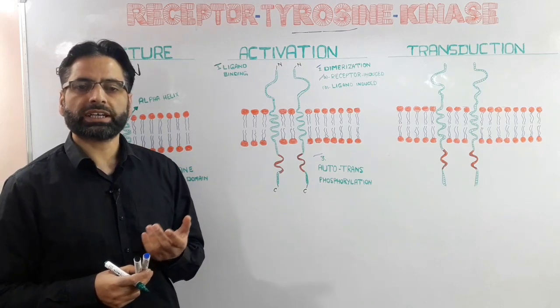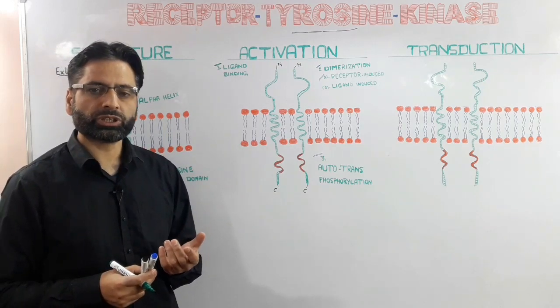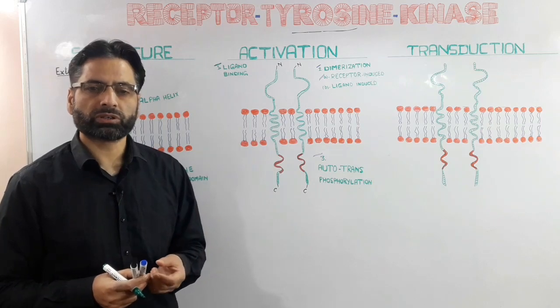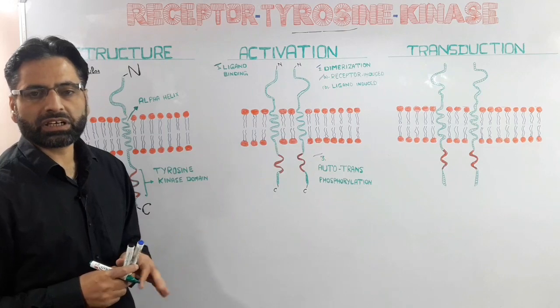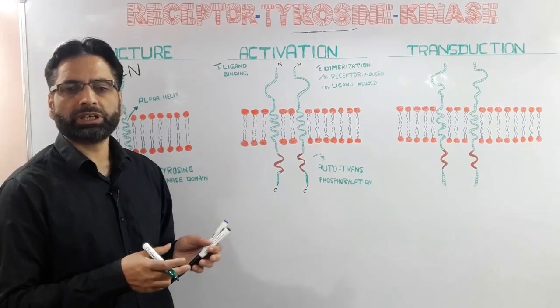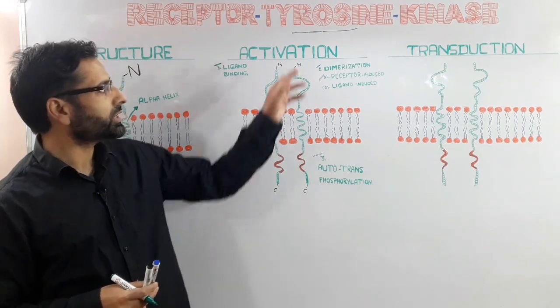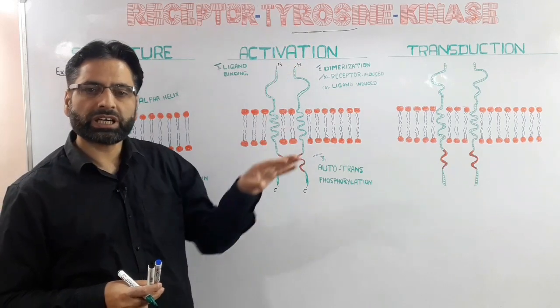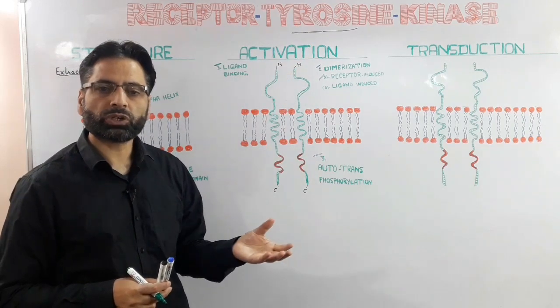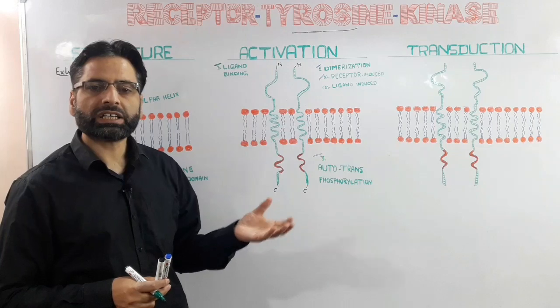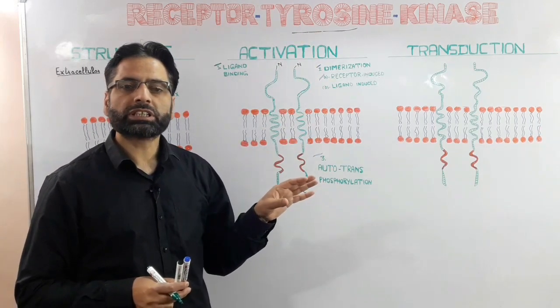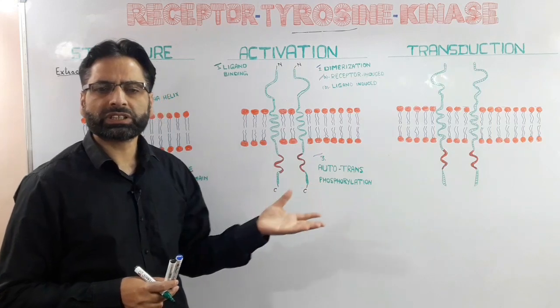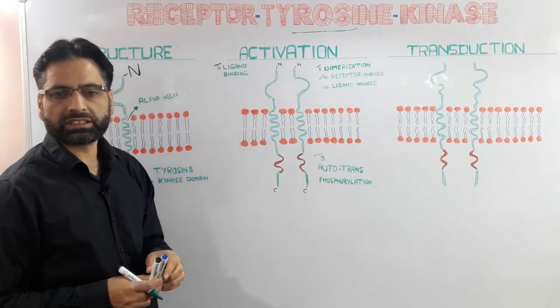Kinases, as you know, are the enzymes which transfer the phosphate group from one molecule to another molecule. But specifically in this case, these kinases transfer the phosphate group from ATP and attach it to the tyrosine amino acid of the polypeptide chain. So they will pick up the phosphate group from ATP and attach it to the hydroxyl group of this tyrosine amino acid of the substrate polypeptide chain, and that is why they are called tyrosine kinases.